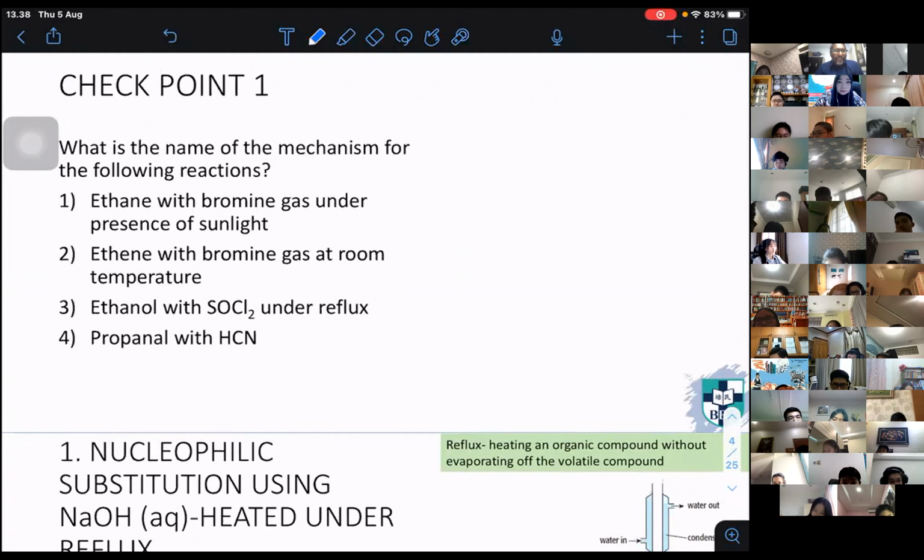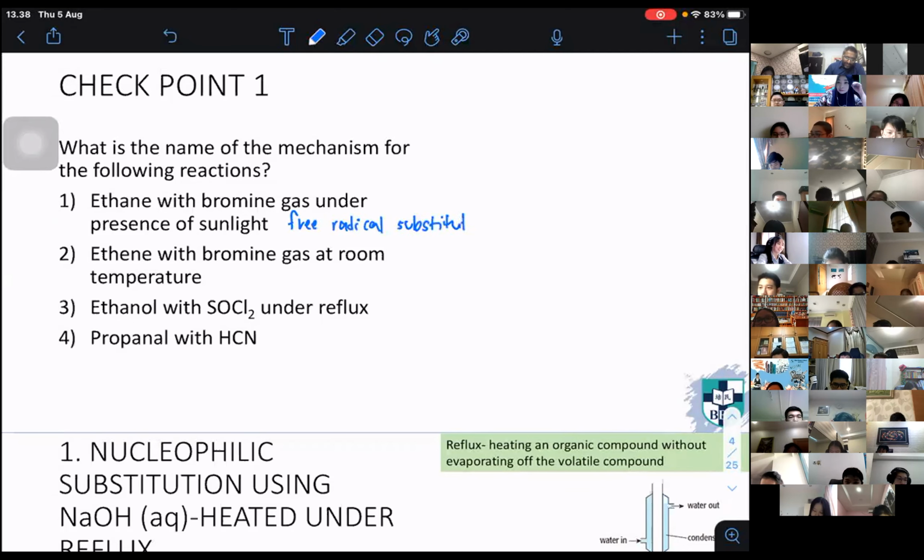Michelle Wee, can you tell me the mechanism of the reaction, ethane with bromine gas? Is it free radical substitution? Yeah, correct. So that is free radical substitution. We have learned about this in our previous lesson as well.